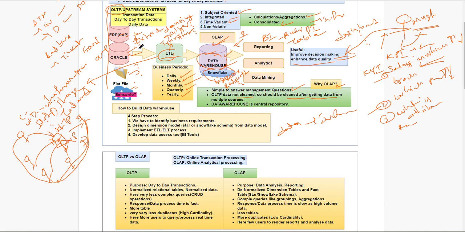Time variant means, assume one employee, while joining the company, gave some address. At a later point of time he changed his current address, again a third time also he made changes to the current address. Later he again changed some phone number.